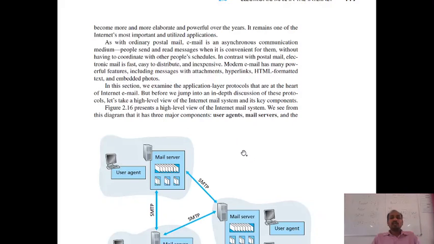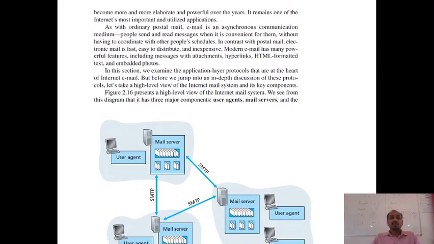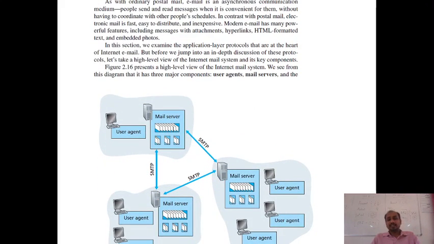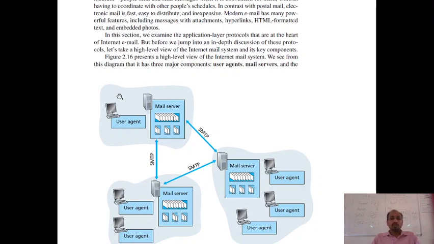While sending a mail, there are a few major components. Let me assume this is the user and this is the destination where I want to send the mail. When this user sends a mail, we call this the user agent.